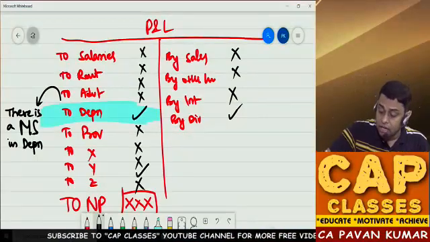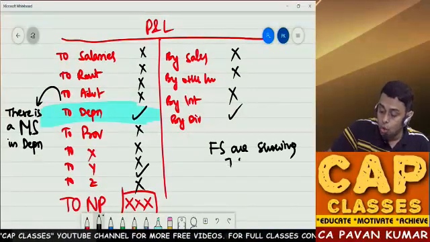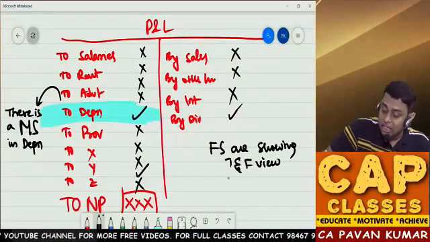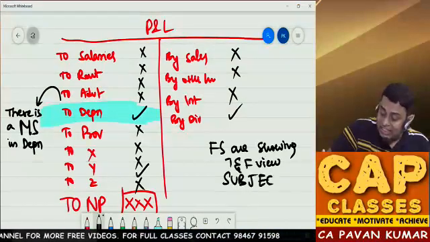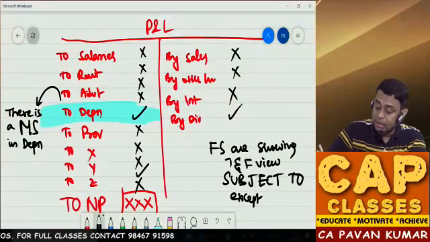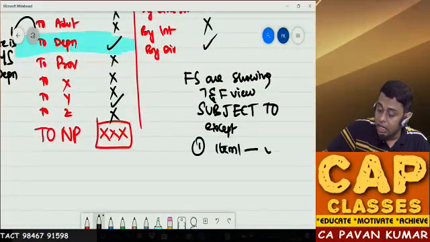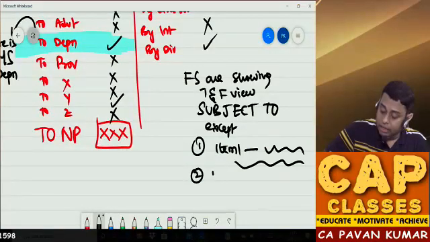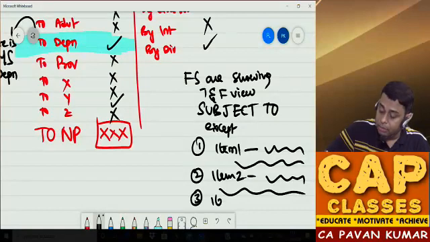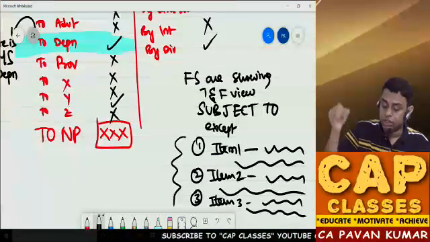So I said financial statements are showing a true and fair view subject to or except item number 1. What is the mistake? You'll explain here. Item number 2. What happened? You'll explain here. Item number 3. What happened in that item number 3? You'll explain. These are your qualifications.